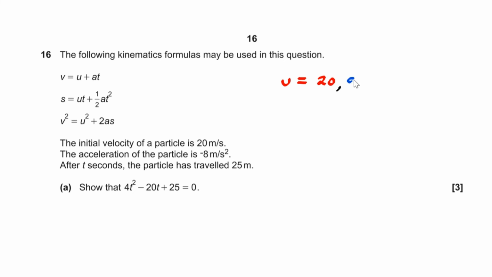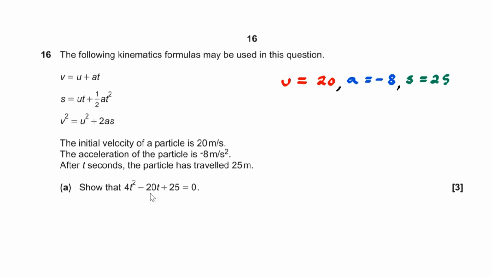So we can say that a, the acceleration, equals minus 8. And we are told that the particle has travelled 25 meters after t seconds, which means s is equal to 25. And with this, we have to show that 4t squared minus 20t plus 25 equals 0.